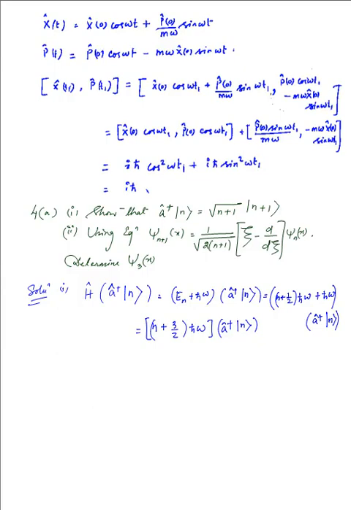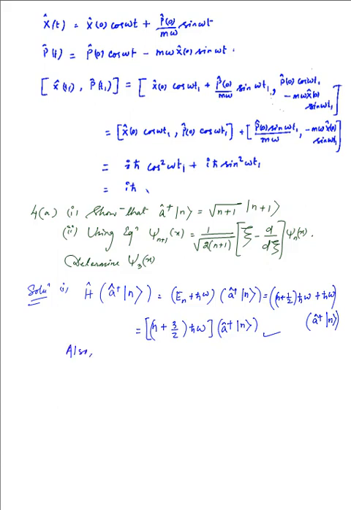Now the Hamiltonian over the creation operator times the eigenket operating on the n basis is going to give the results as shown, and from that we have the final case where we have n plus 3 over 2 times h bar omega multiplied to the creation operator acting on the basis.